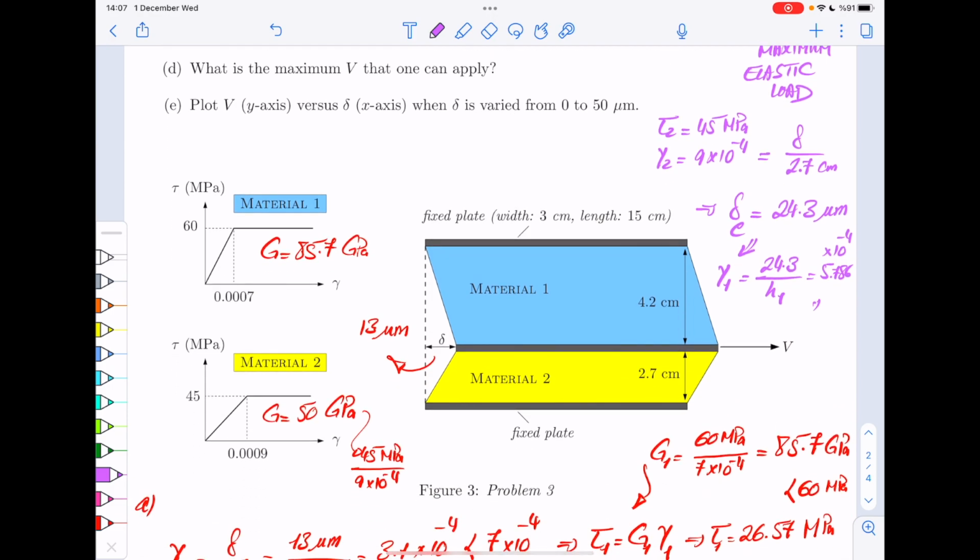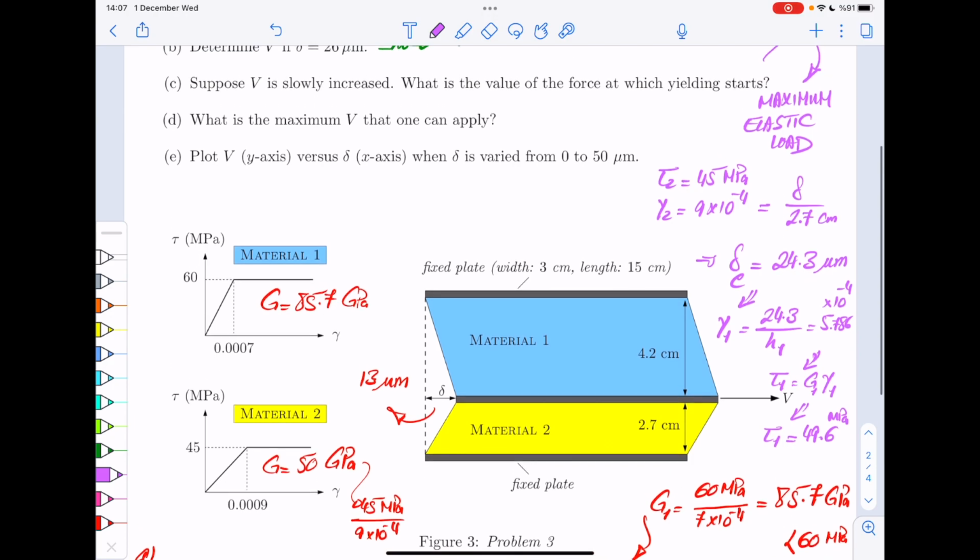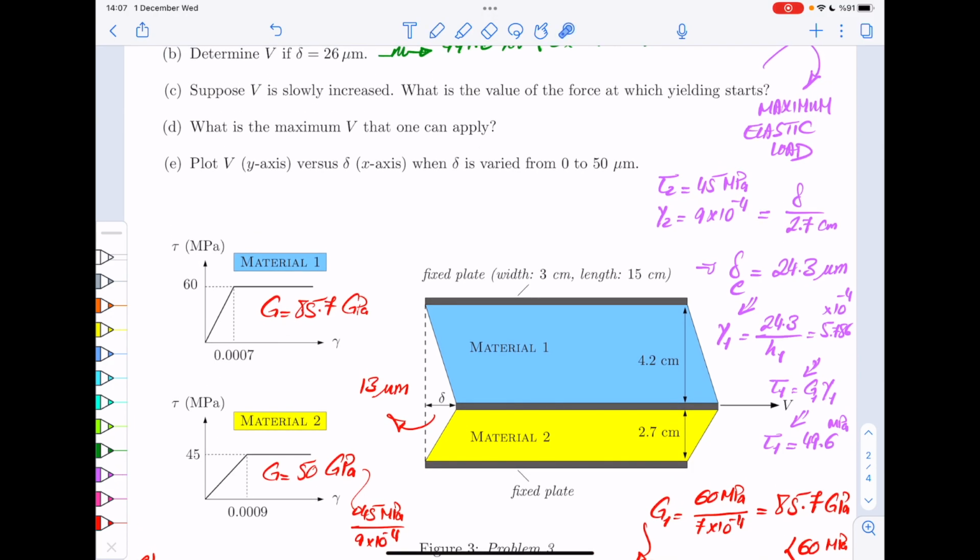And then from that, you can calculate tau1 using G1 gamma 1. Right? And if you do that, for tau1, you get 49.6 megapascal. Okay? So now tau1 is 49.6 megapascal. Tau2 is 45 megapascal.